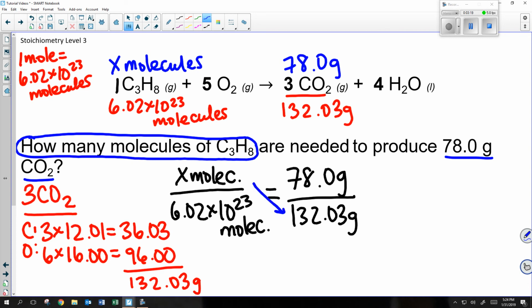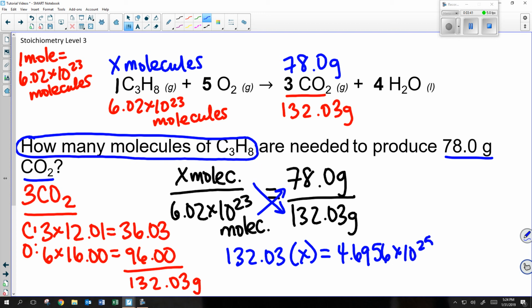When I multiply this way, I get 132.03 times x equal to, when I multiply that way, 78 times 6.02 times 10 to the 23rd, I get 4.6956 times 10 to the 25th.